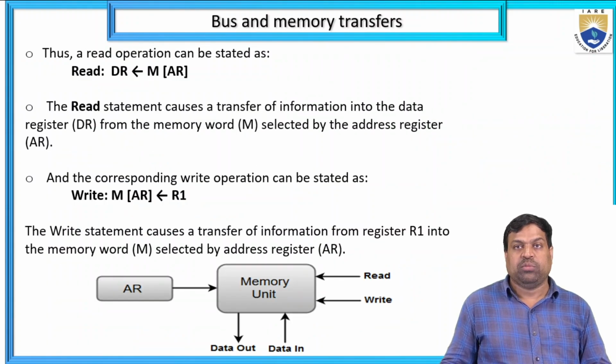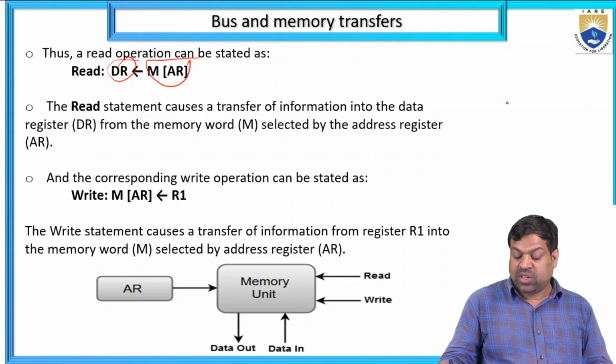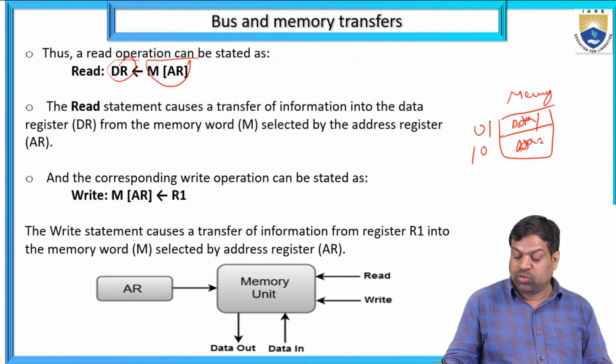The read operation can be stated as DR ← M[AR], meaning memory at the address register goes to the data register. In the memory, suppose in a particular address, 01 and 10 for example, in 01 the data 1 is there, and here the data 2 is there.